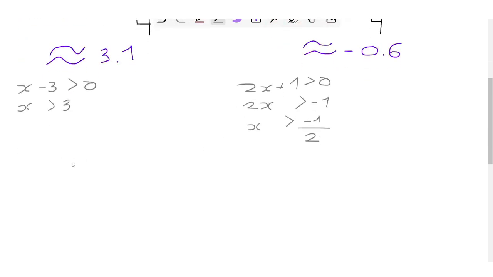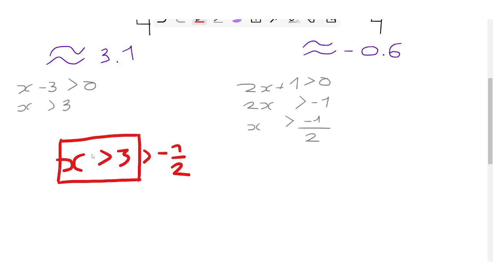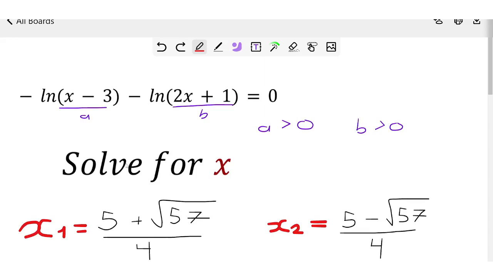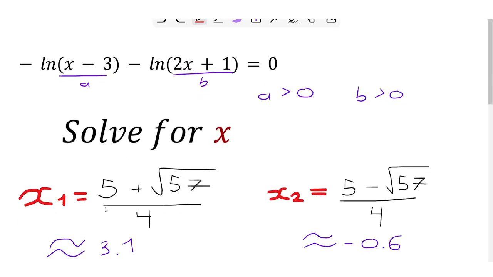So we need x such that x is greater than 3, which is greater than negative 1 over 2, or just x greater than 3. Our second solution, x2, doesn't verify this condition because we have negative 0.6. So the only solution to our natural logarithmic equation here is x1, 5 plus the square root of 57, over 4.